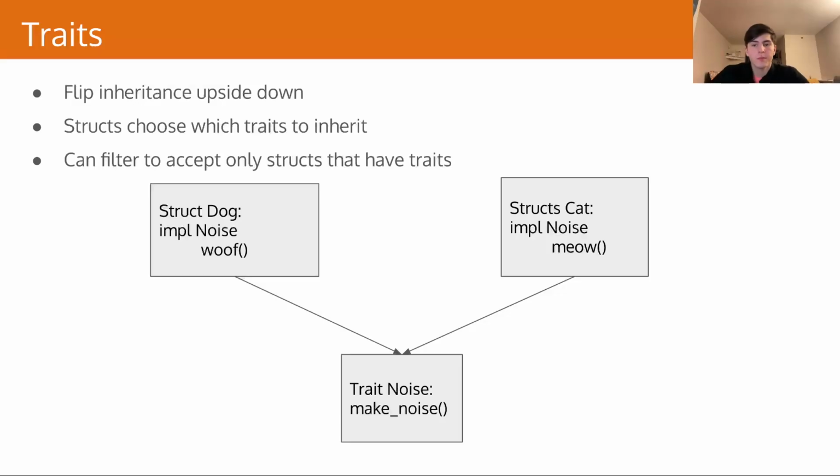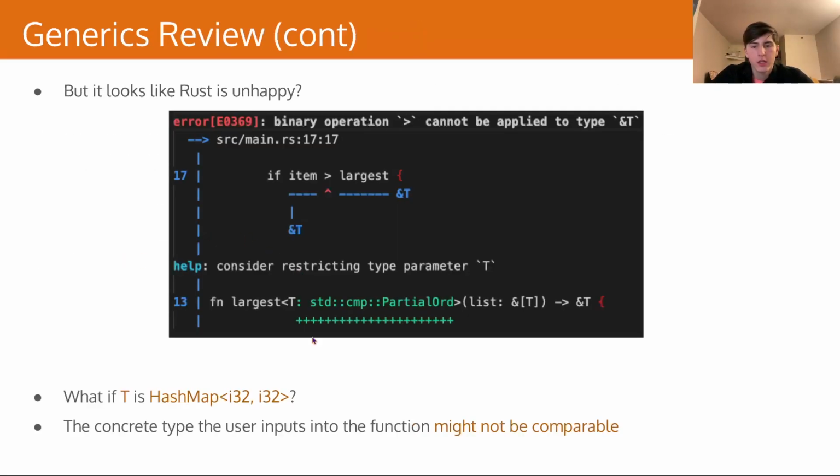Then we can filter by structs that only accept this noise function, essentially. We can filter to make sure that the struct we're calling has noise implemented, and we can filter that the data type we're accessing has partial order implemented beforehand.